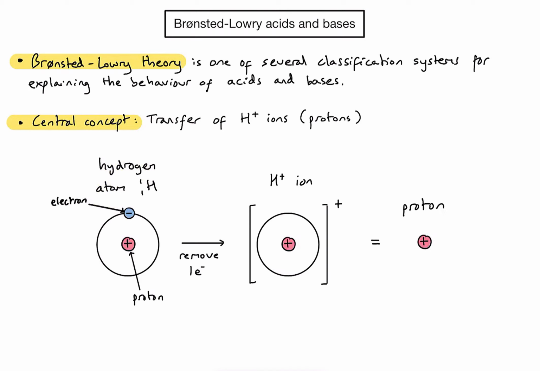So for that reason, when we're talking about H+ ions, we can also use the term proton interchangeably. And you'll need to be able to recognise both of those terms mean the same thing. So the key point here to note, we need to remember a positive hydrogen ion, H+, is exactly the same thing as a proton.